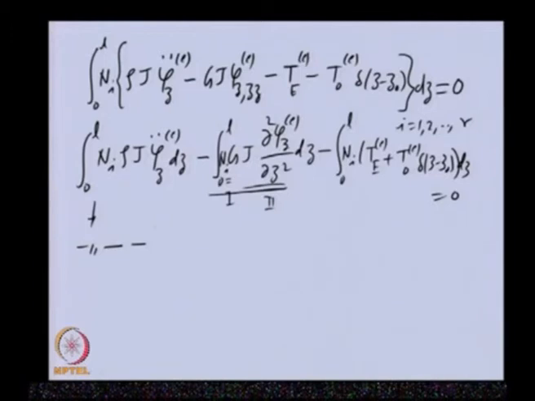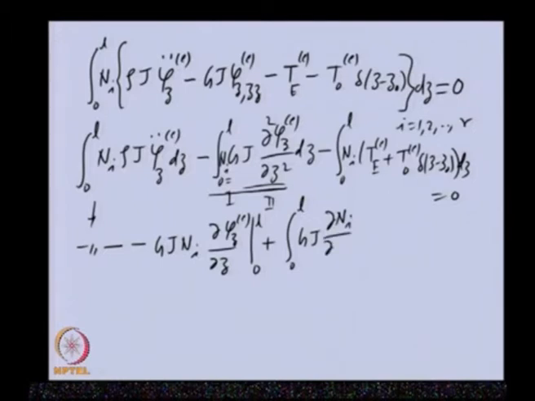So we can write this as g j n I, this is the first part, integration of the second part, that means phi z, one derivative will reduce here, and the limit is 0 to L. Then, because it is negative here, 0 to L, we can have differentiation of the first part and integration of the second part, dz, and the torque term, this external torque term will remain as it is, equal to 0.